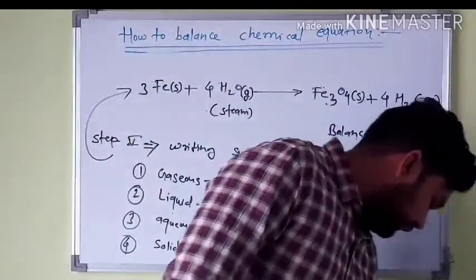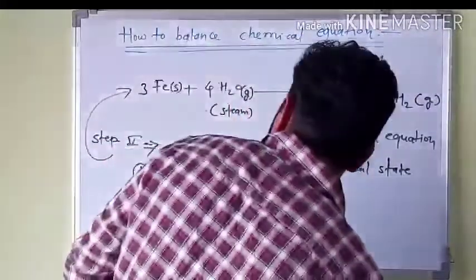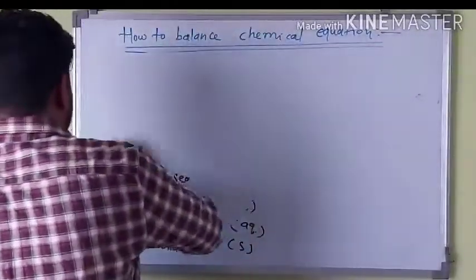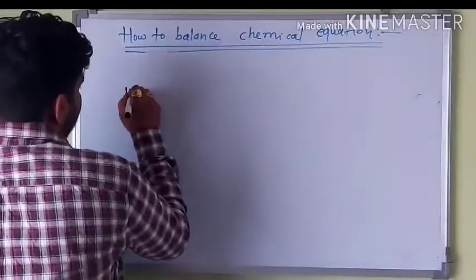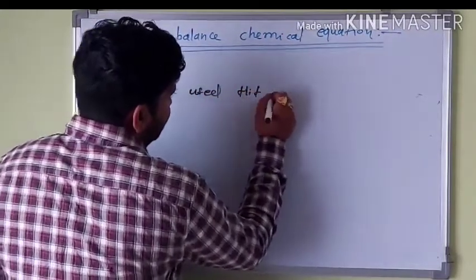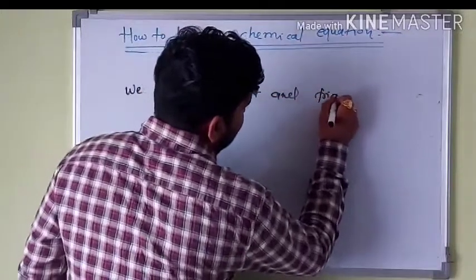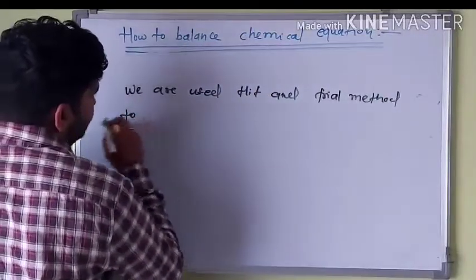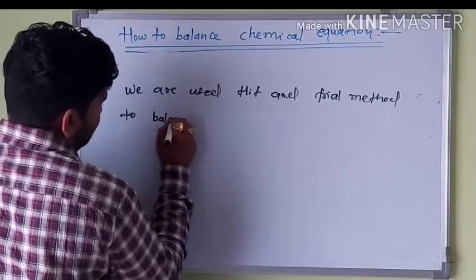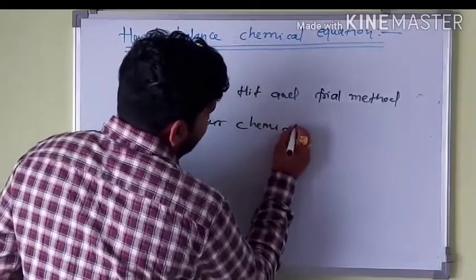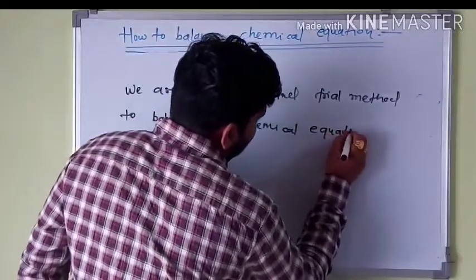Okay, now I am telling you which method we use to balance our chemical equation. We use the hit and trial method to balance our chemical equation.